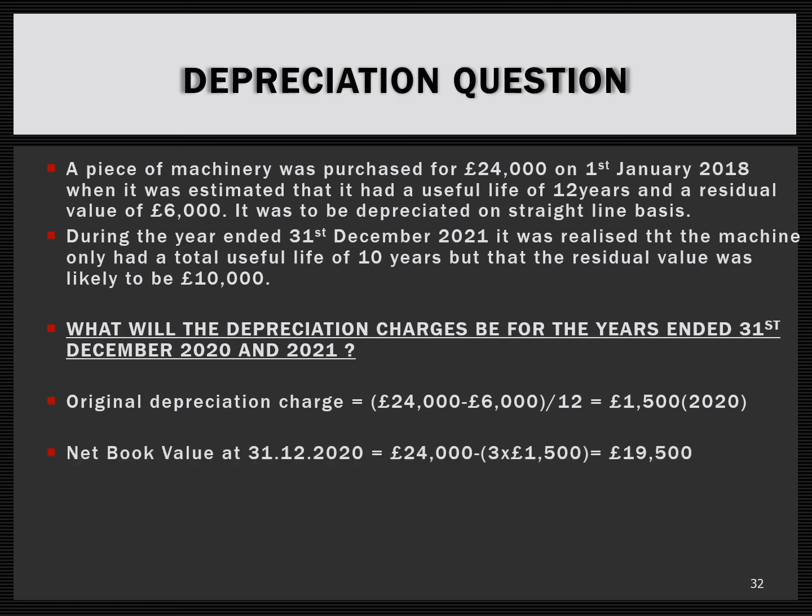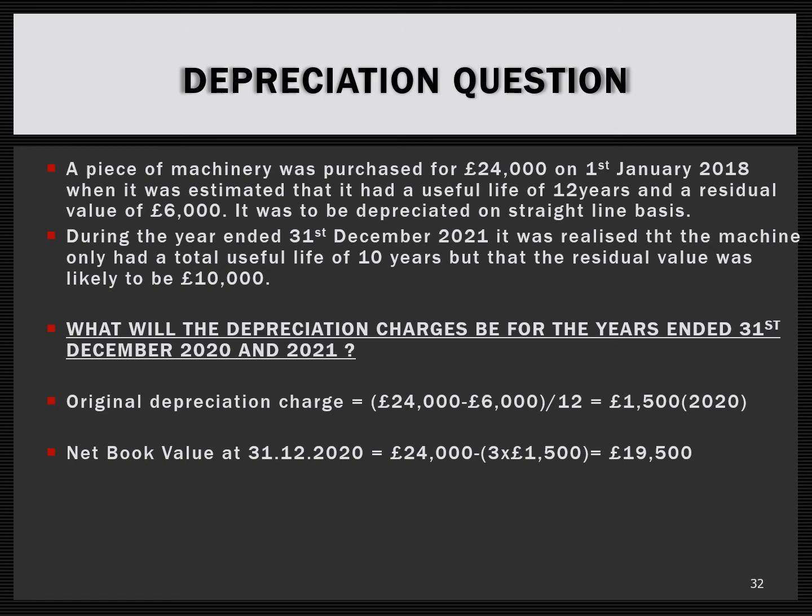The net book value at that date would be the original cost minus the depreciation for 3 years, the year to December 2018, 2019 and 2020. So the net book value at the start of January 2021 would be £19,500.